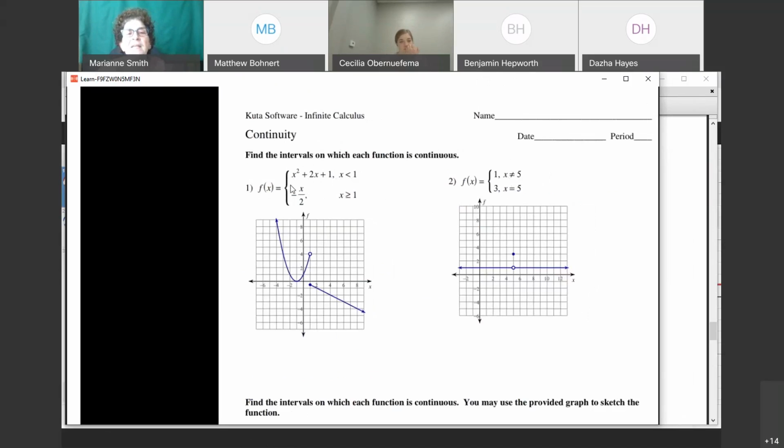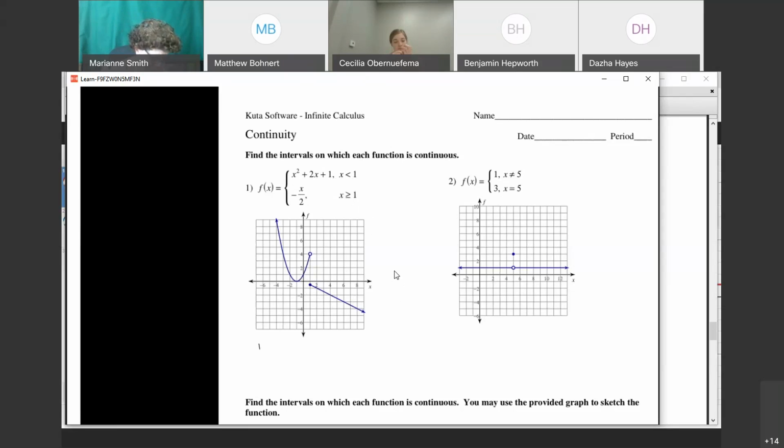So in this particular example, number 1, I've got a quadratic as long as x is less than 1. And then if x is greater than or equal to 1, I have a linear function. Okay, you can see there's a huge jump right here. And essentially the limit as I approach x equals 1 doesn't exist.